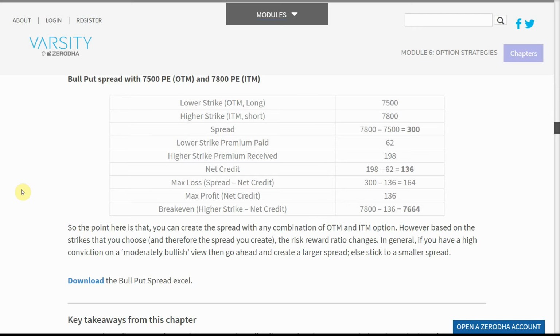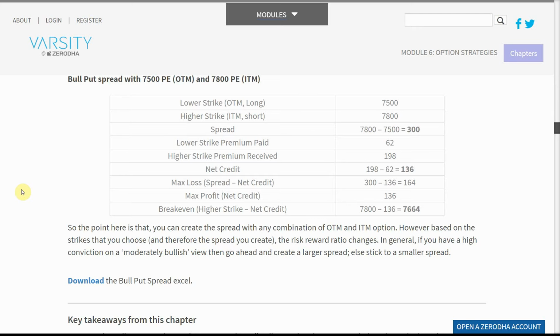Net credit: 198 - 62 equals 136. Max loss: spread - net credit, 300 - 136 equals 164. Max profit: net credit, 136. Break-even: higher strike - net credit, 7,800 - 136 equals 7,664. So the point here is that you can create the spread with any combination of OTM and ITM option.